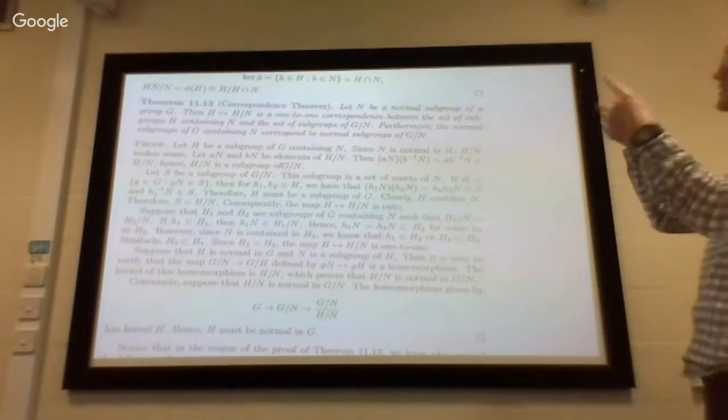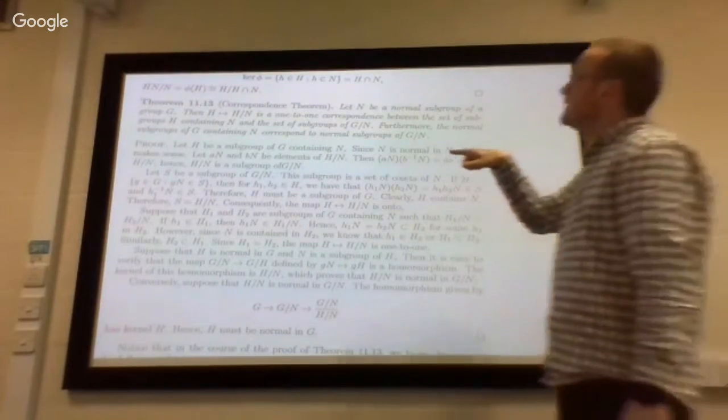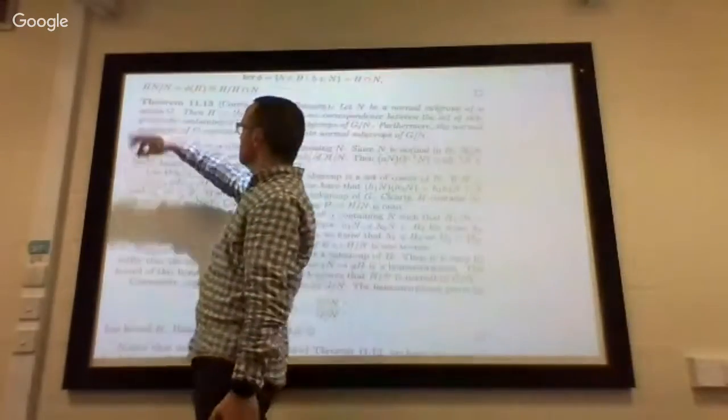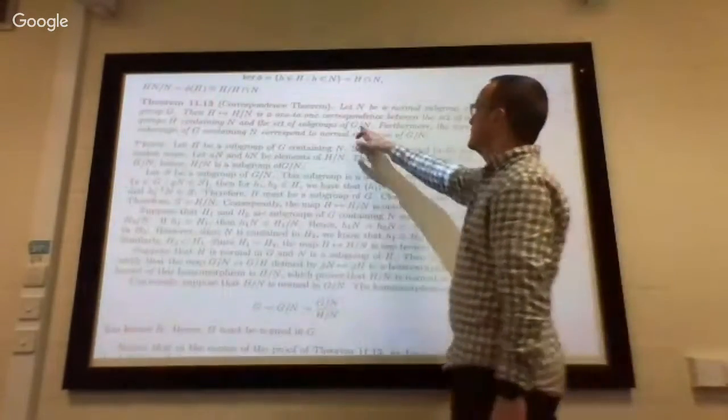This was where you had N being a normal subgroup of G, and you formed the factor group G/N.